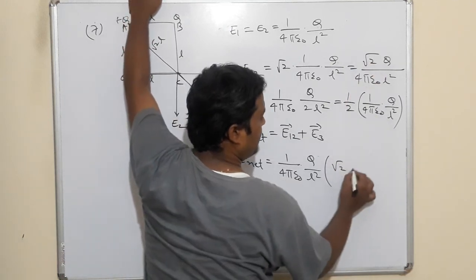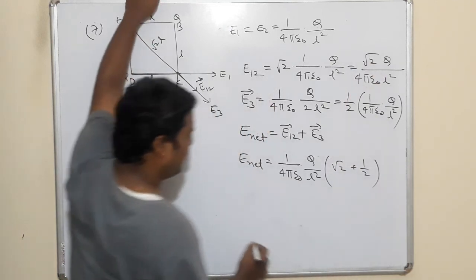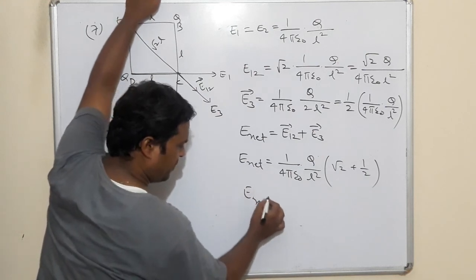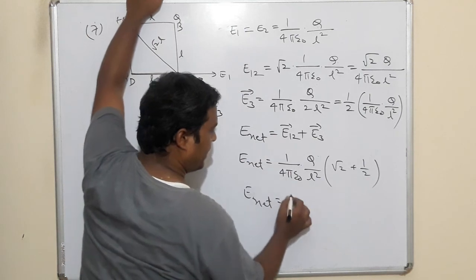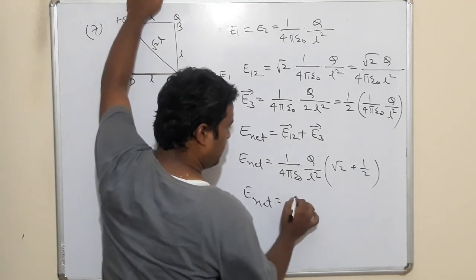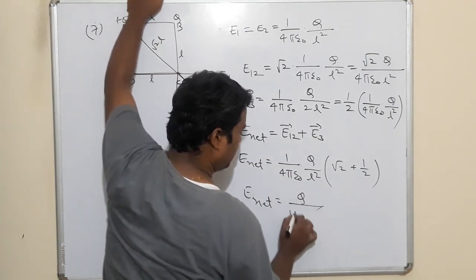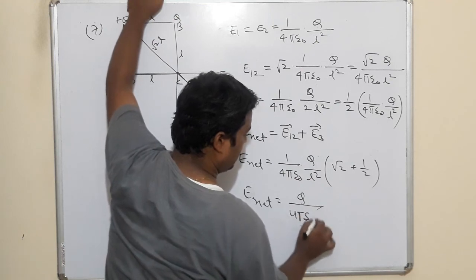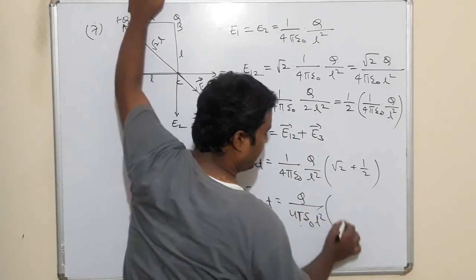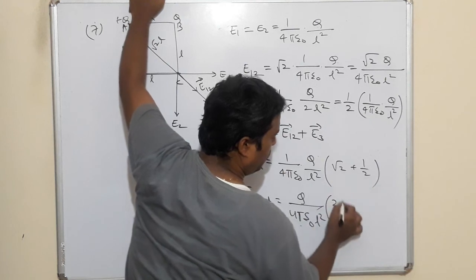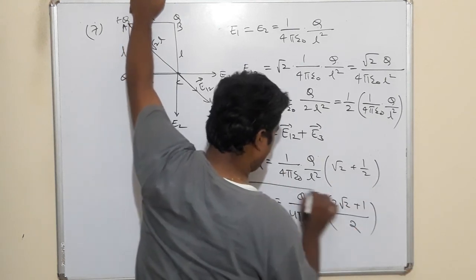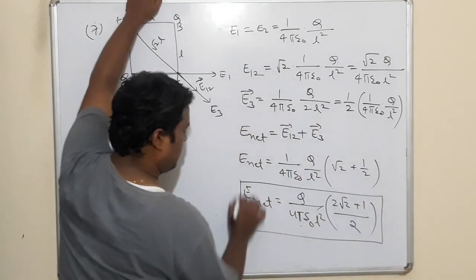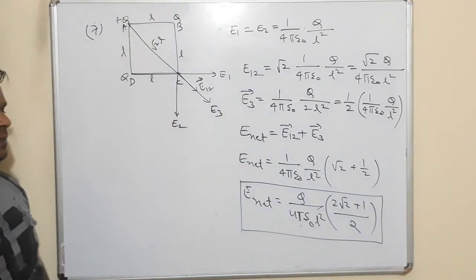Here root 2 remains, here half remains. This is similar to calculating the net force. Because both are vectors, E net is equal to q divided by 4 pi epsilon naught L square into 2 root 2 plus 1 by 2. This is the net field at the fourth corner.